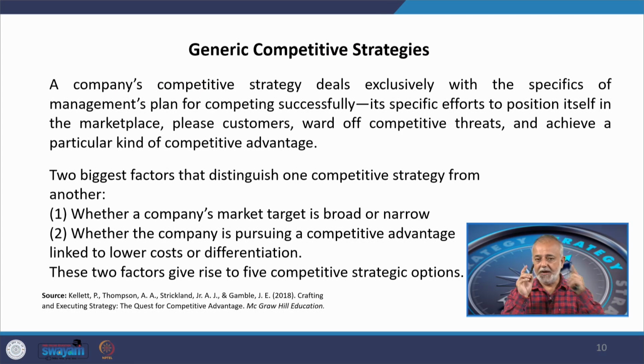Let us see how at micro level we try to do that, and here we would be referring to the standard text which we are following: Kellett, Thompson, Strickland and Gamble, Crafting and Executing Strategy, the quest for competitive advantage. And that is what I said, that some authors focus upon competitive advantage, that is substitution based direct advantage.